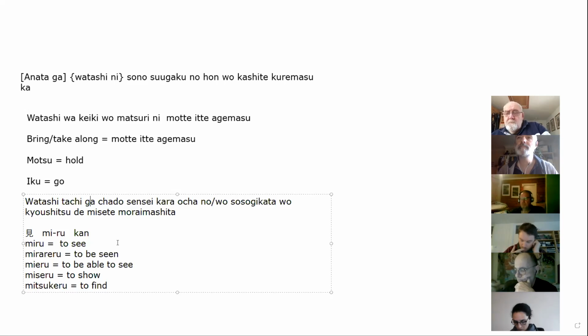My question was, last time we put ni there. So we said, I have written it up: Chado sensei ni kyoshitsu de ocha no sosogikata o misete moraimashita. So it's wrong with ni? That's correct. It is wrong because I originally learnt this as kara all the time.